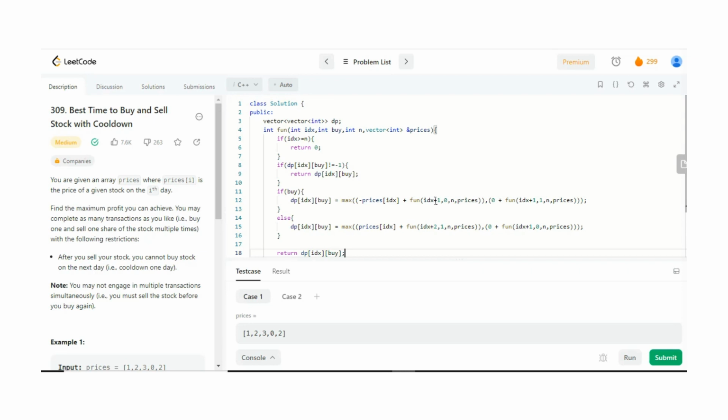My one suggestion to all viewers is that before approaching this problem, try its previous questions: best time to buy and sell stock 1, 2, 3, and 4. It's 4 parts. After solving those previous questions, it will be easier for you to understand this problem in a very efficient manner.